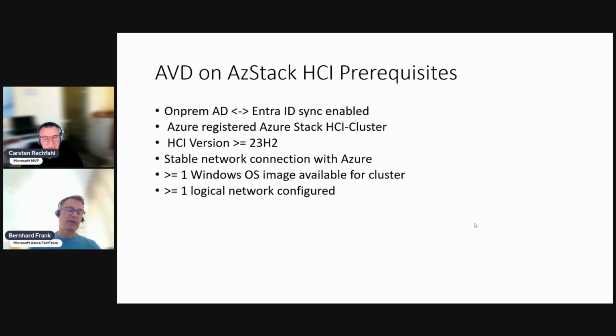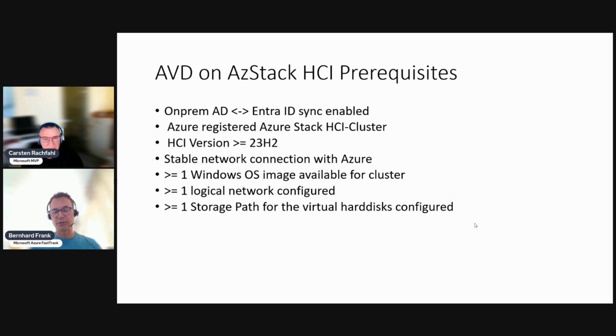And as these desktops need to talk to the outside world, you need to have some network connectivity configured. We call it a logical network, but we'll see that in a later demo what we mean with that. The virtual machines need to talk to the outside world, to the internet, in order to make that connection possible.